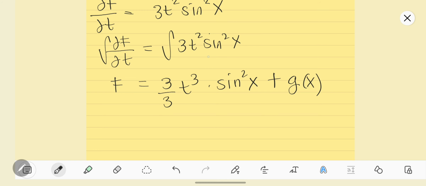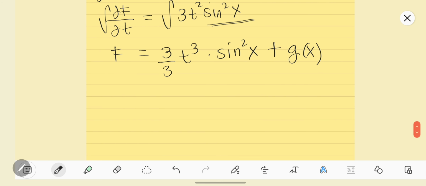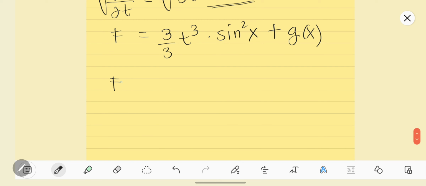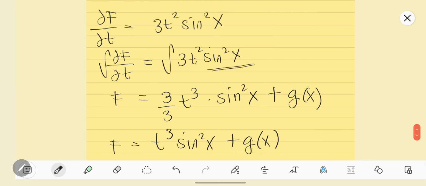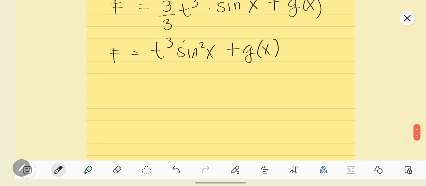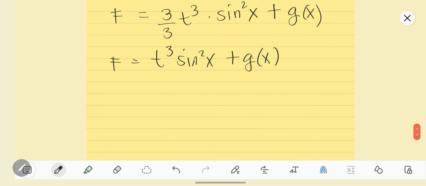So now f is equal to t cubed sine squared x plus the g of x. So next we try to solve for the partial derivative of f with respect to x.